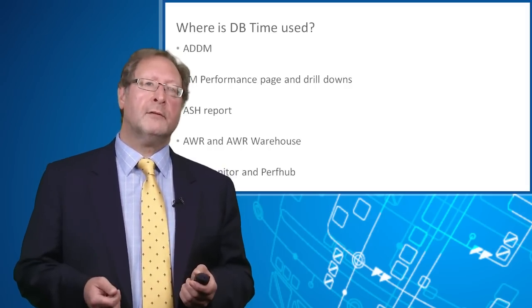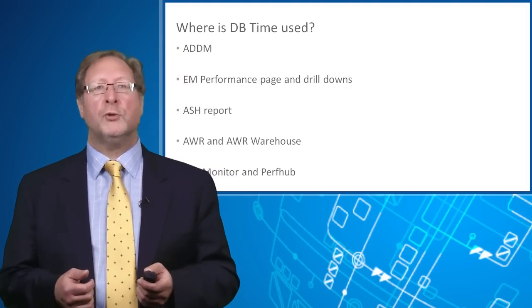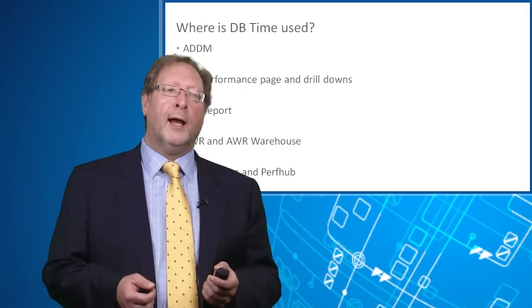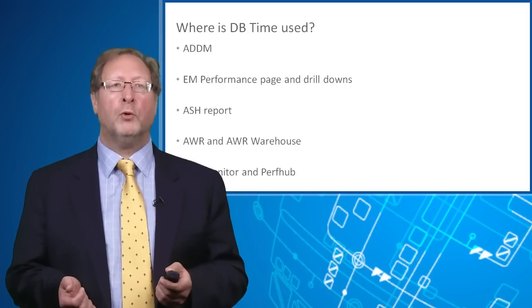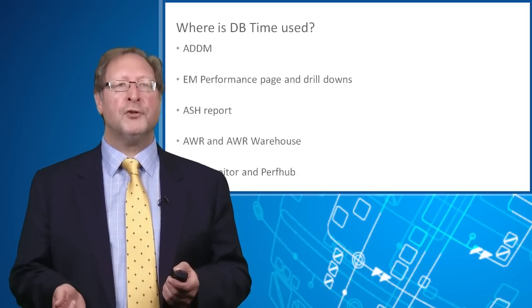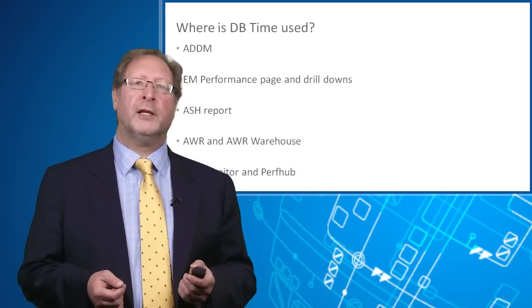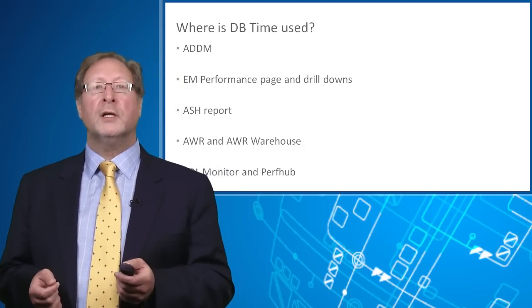We've already seen that database time is used in the performance page and the drill downs, top activity. A number of the other reports use it. So the ASH report has database time up at the top of the report.